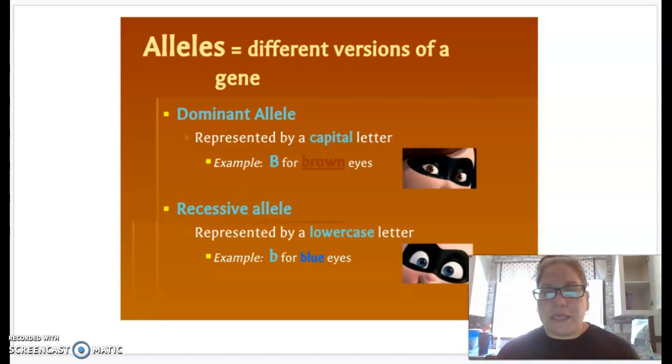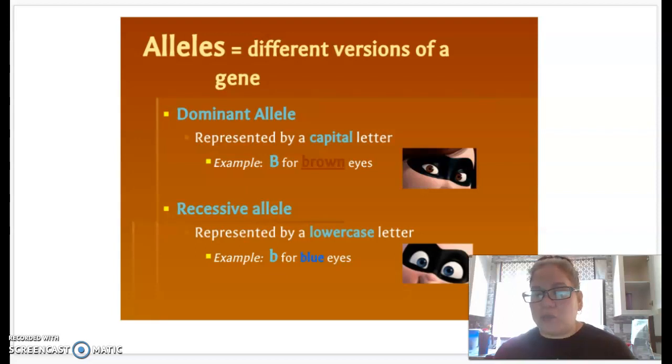When we start our Punnett squares, which is how we figure out what alleles or what traits the offspring are going to have, we are going to be using a capital letter for the trait. It can be any letter that you choose. For this example, we're going to use a big B for brown eyes and a little b for the recessive allele. The recessive allele means that it's still present, but it's not present as often.